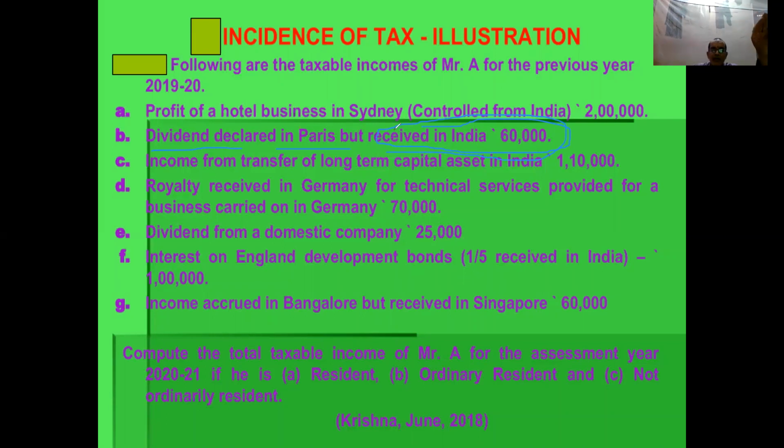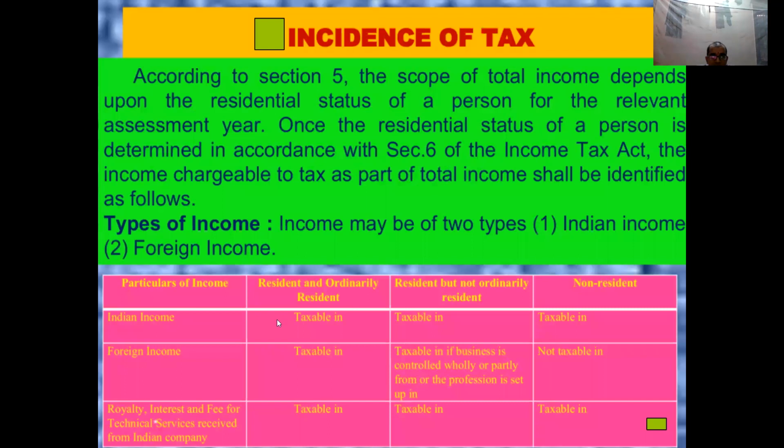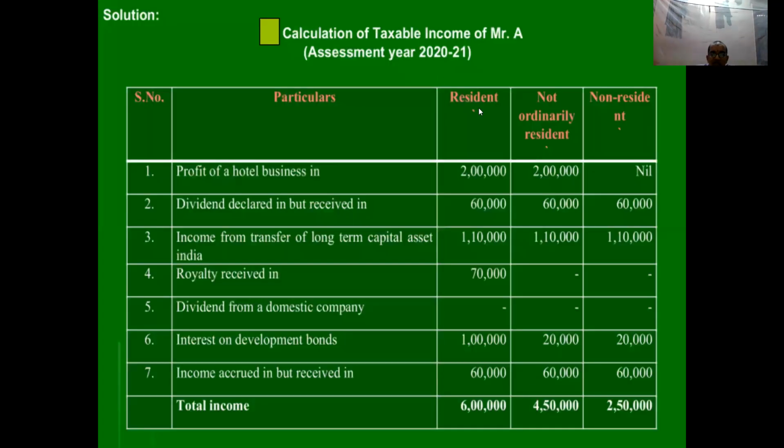Please remember, even though the declaration took place in a foreign country, he received it in our country only. So that will become an Indian income. You have seen Indian income is taxable in all three conditions. So on 60,000, even a resident has to pay tax, a not ordinary resident has to pay tax, and a non-resident also has to pay tax. Is it clear?